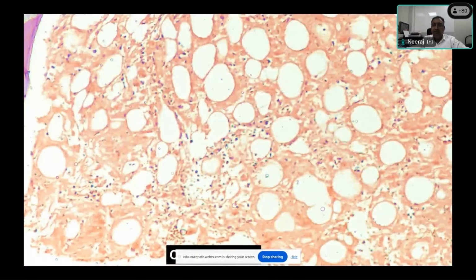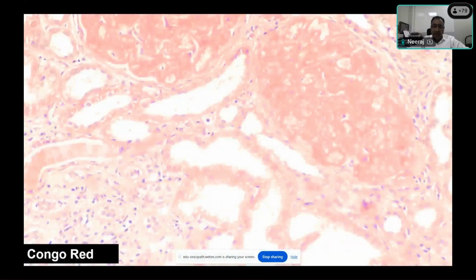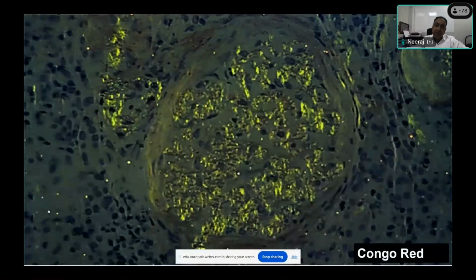This is the Congo red stain showing the pink amorphous extracellular material, and the Congo red is showing apple green birefringence here. This is one area showing that apple green, and this is another area where, in the same patient, in the renal biopsy, you were able to see this apple green birefringence in the Congo red stain.